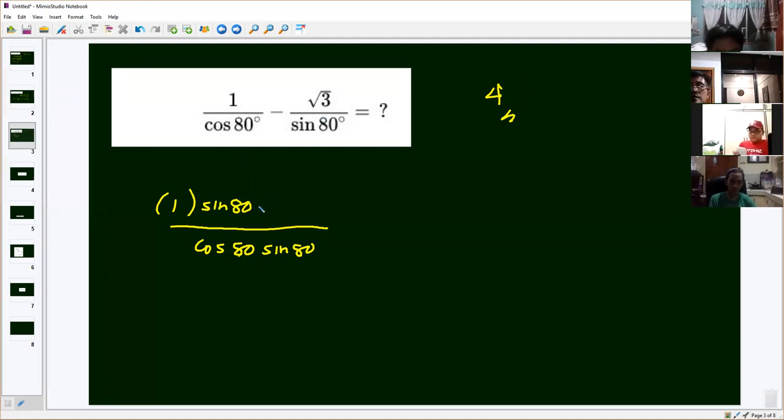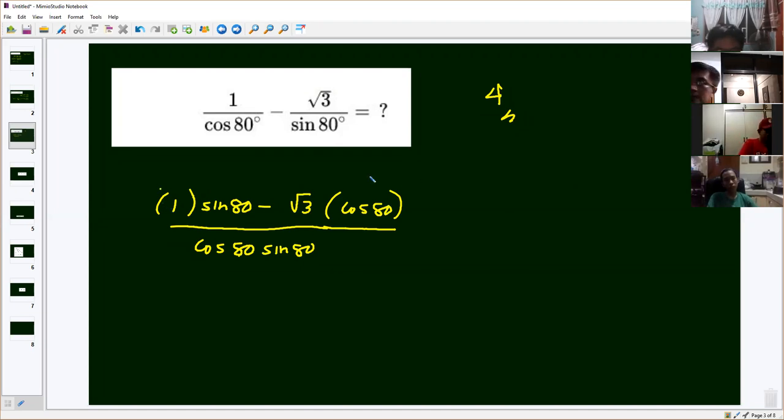And then, square root of 3 times, this time cos 80. There. And then, look at this. Looks like clue na yung 1 at yung square root of 3 that they are special values, right? More specifically, 1/2 and square root of 3 over 2. These are special values, right?